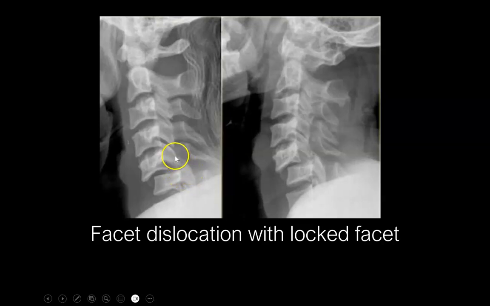Look here, the inferior articular facet moved anterior to the superior articular facet of the vertebra below. It was supposed to be here, and in this case, complete dislocation led to locked facet. This is the locked facet. The articular facet moved totally in front of the superior articular facet of the vertebra below. It is locked.